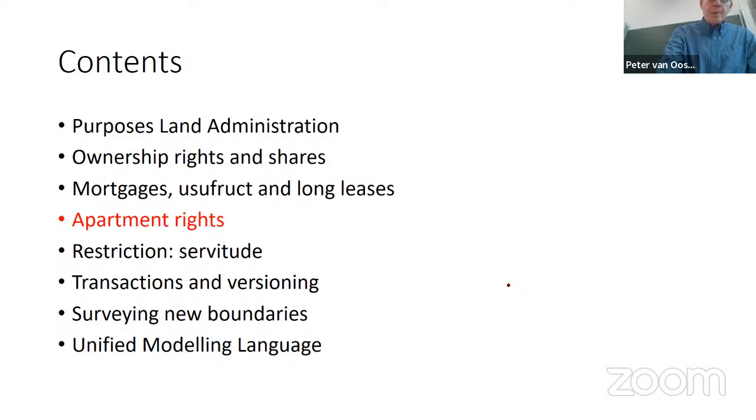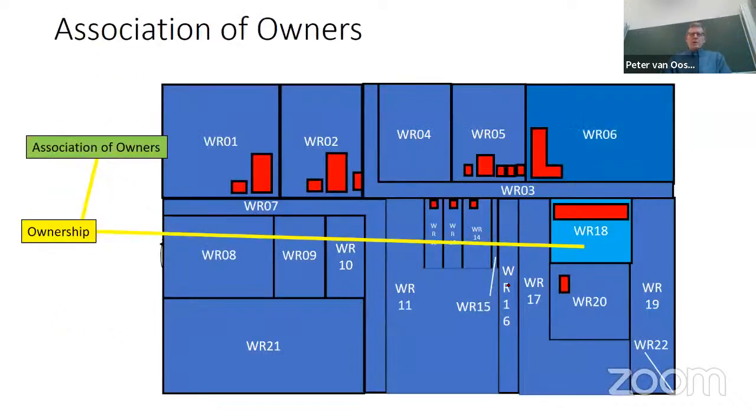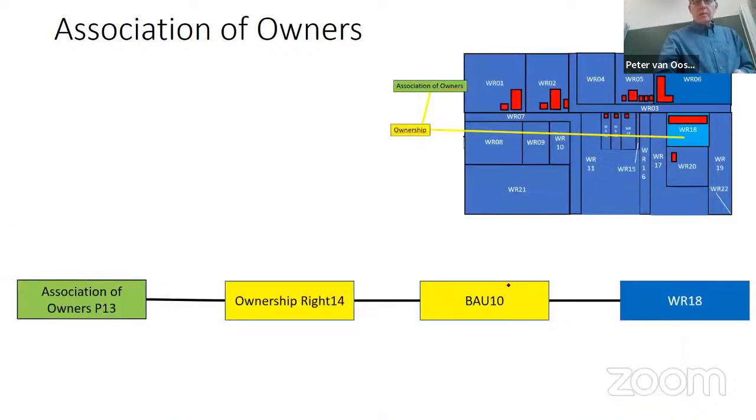Okay. Last topic before the break is apartment rights. That is on parcel number 18. There is the big building. The people living in the apartment complex always form an association of owners, always.